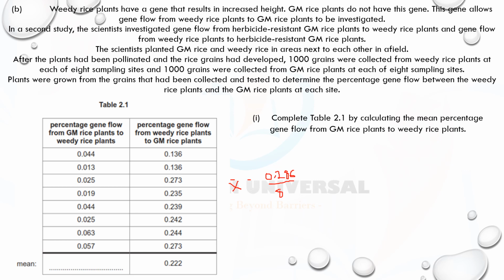But remember guys, why we're using this, because you know that x bar for this type of data is summation of x, where x is each of them, add them up over the total number. So 8 is the total number.